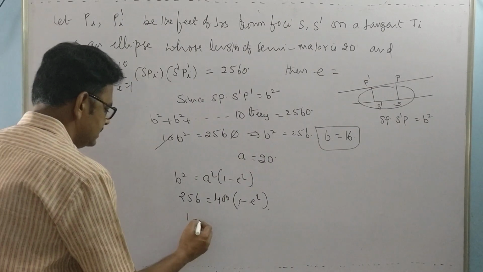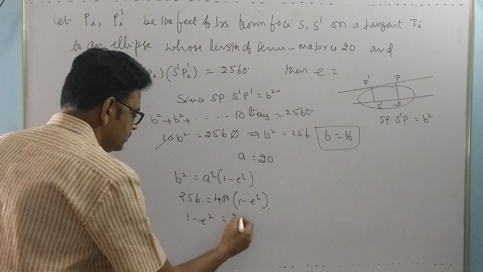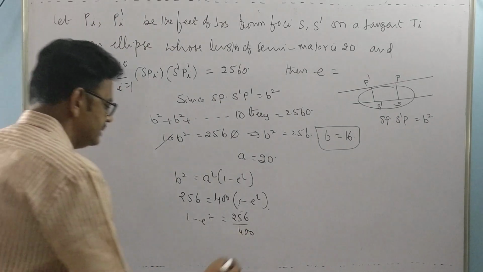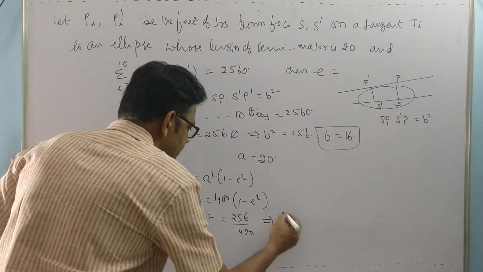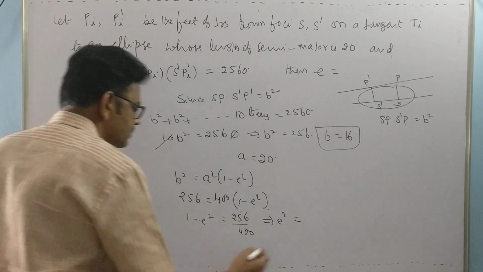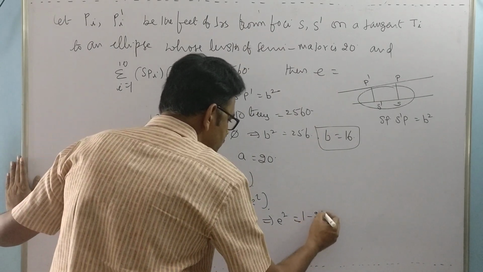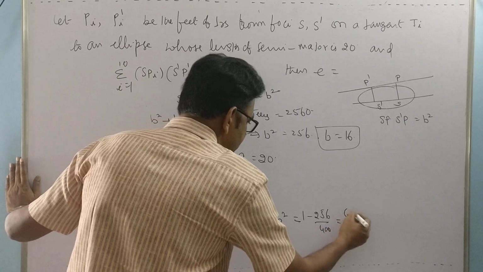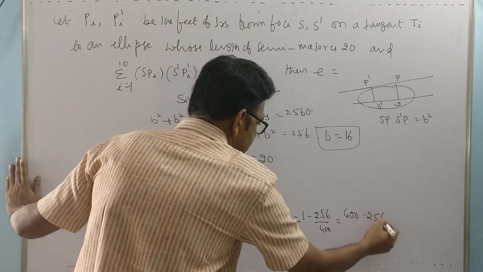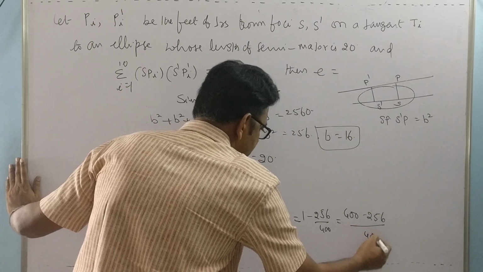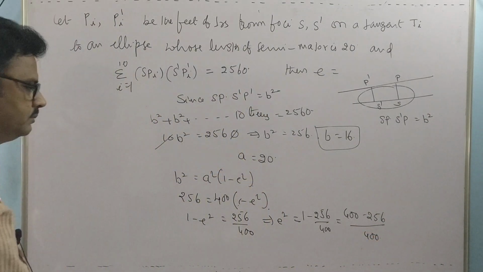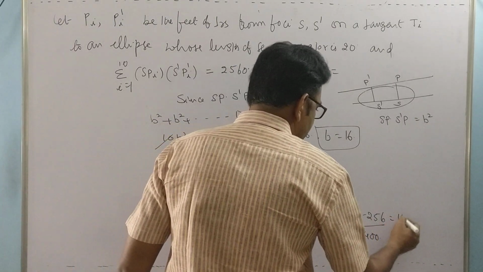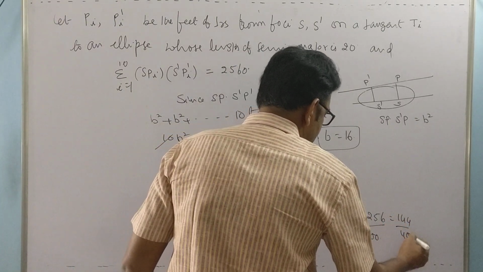So 1 minus e square is equal to 256 by 400. So e square is equal to 1 minus 256 by 400, that is 400 minus 256 by 400, which is equal to 144 by 400.